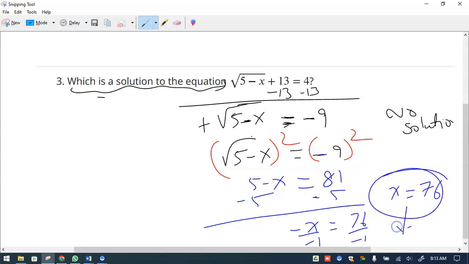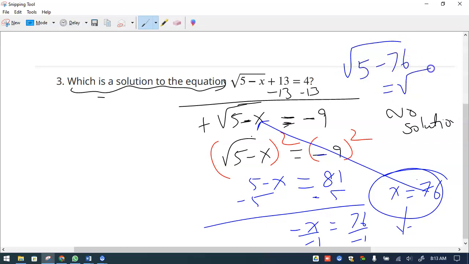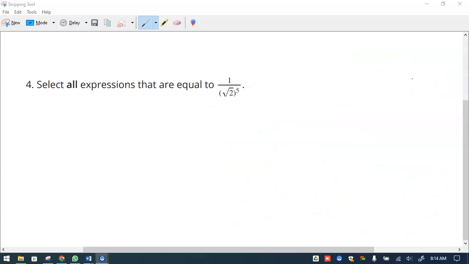So this is an extraneous solution, because if you put this value right here, you'll get square root of negative 71, which is 5 minus 76, and that's not possible under the radical sign. So I hope that takes care of it.